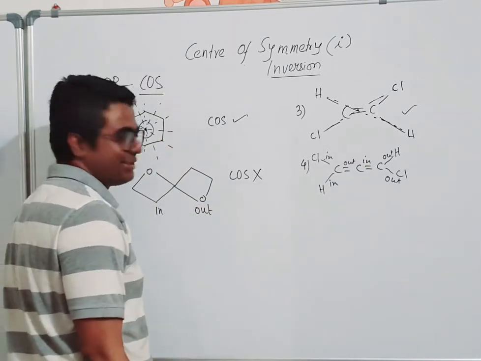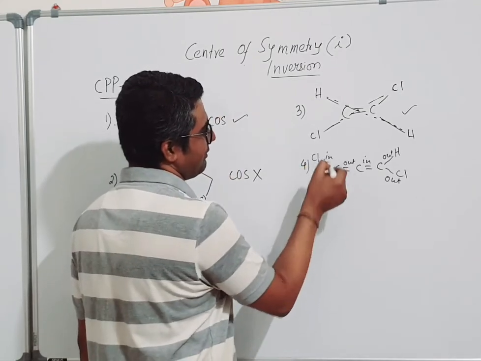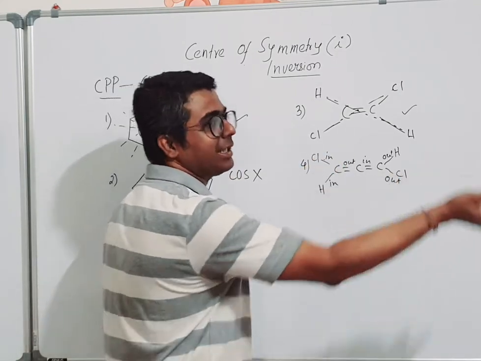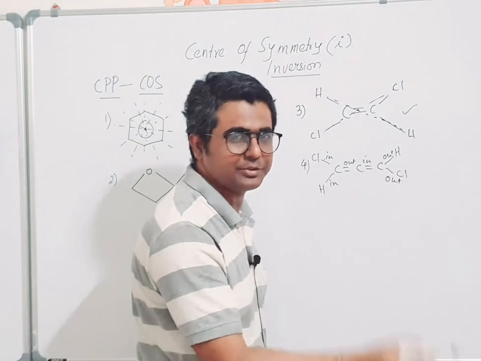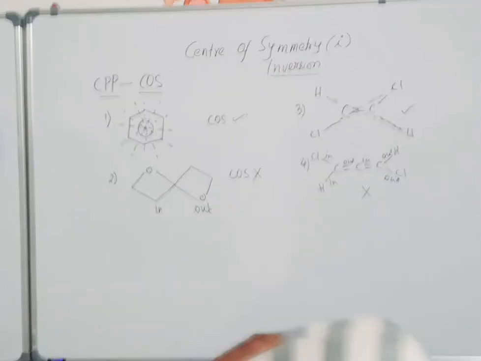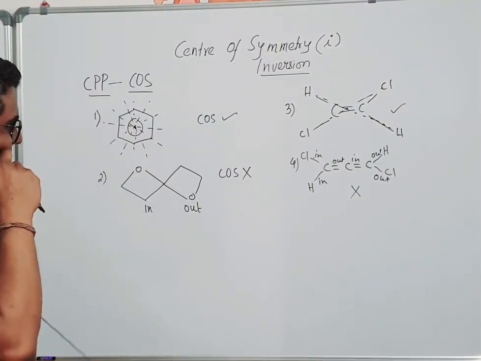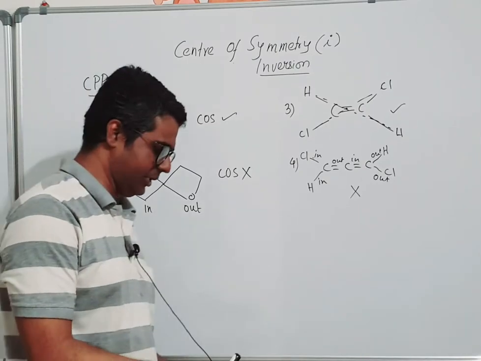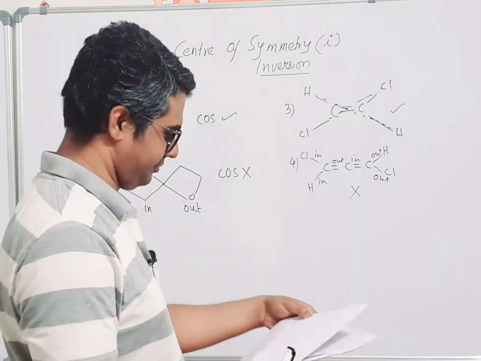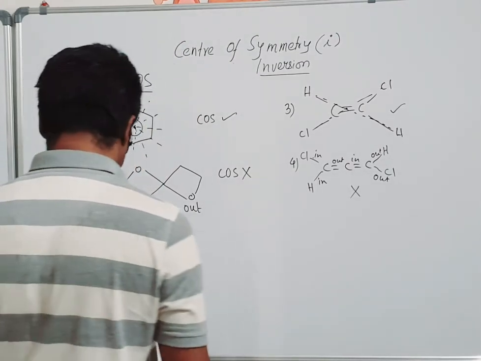Here this is not possible, because if you want to draw this like this, if this is in one plane, this will be in another plane. So in this case center of symmetry will not be there, because the planes are different. 90 degrees. Next.